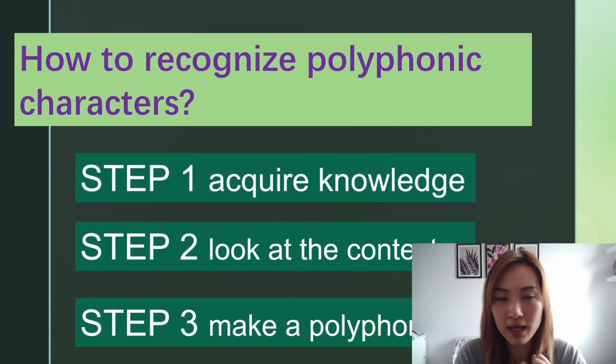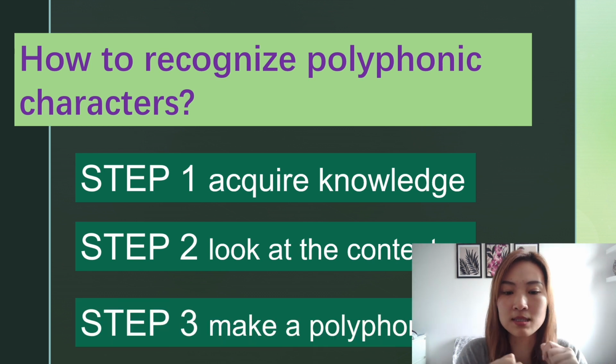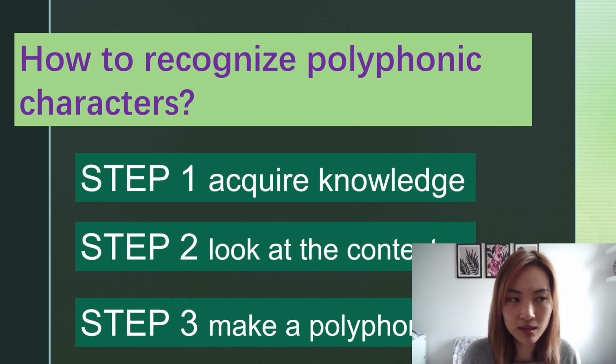Our last step is very, very important, is make a polyphonic list. Okay, how to do that? Well, you don't have to write down everything at once, but when you learn your Chinese journey, you do that as the additional part.